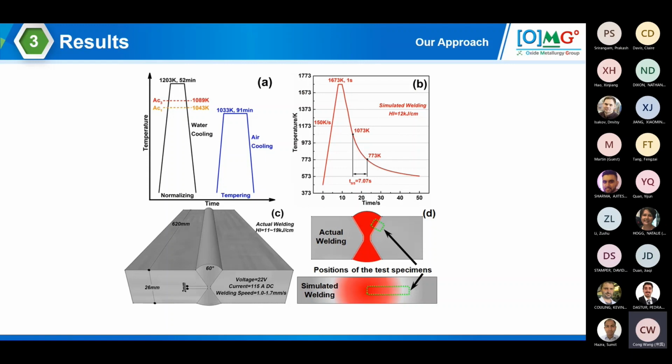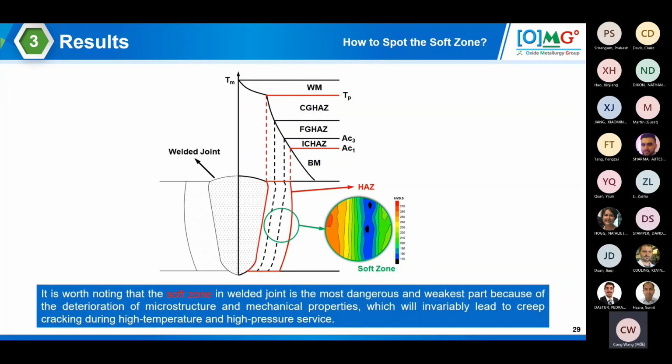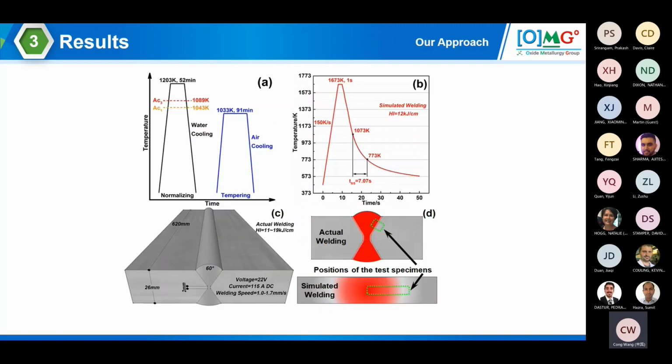The soft zone, as I'm going backward here, is somewhere within the boundary between fine-grained HAZ and intercritical HAZ. But due to the limited size of its dimension, it's not so easy. Generally, people would fail to identify where it is. So our task is to find a way to enlarge this by means of simulated welding.